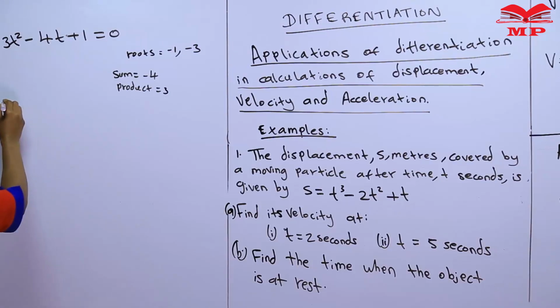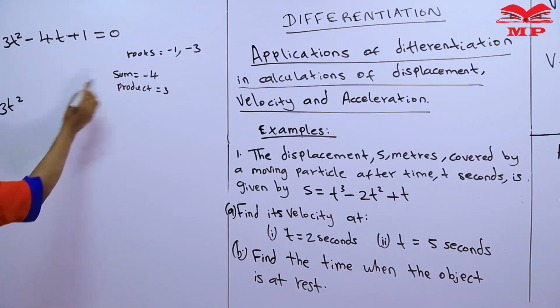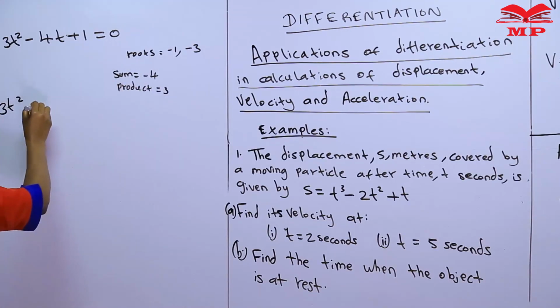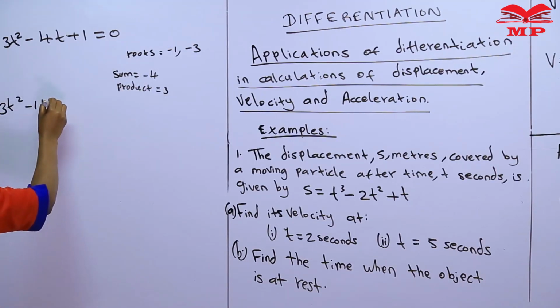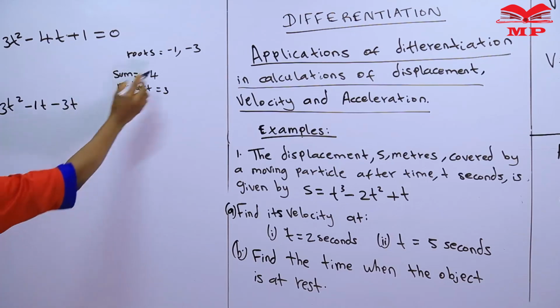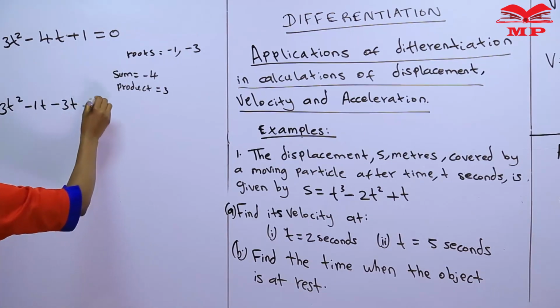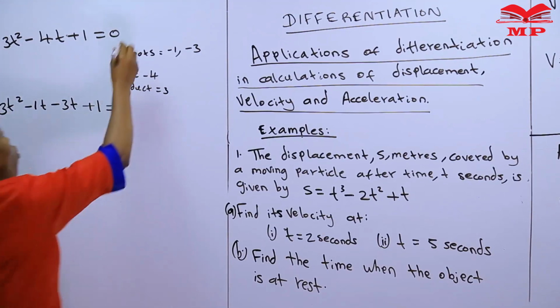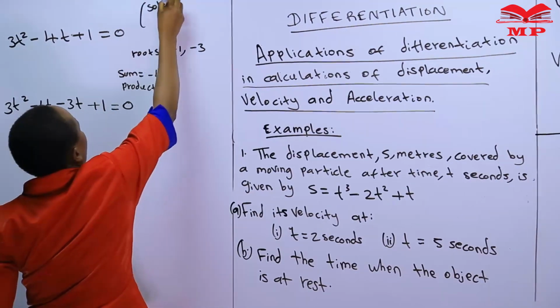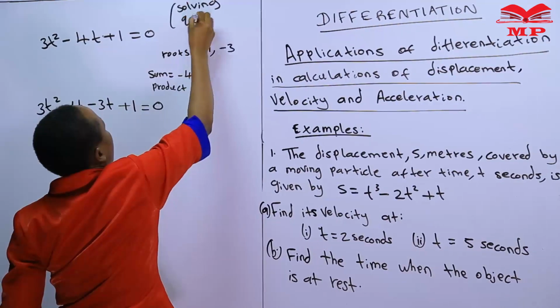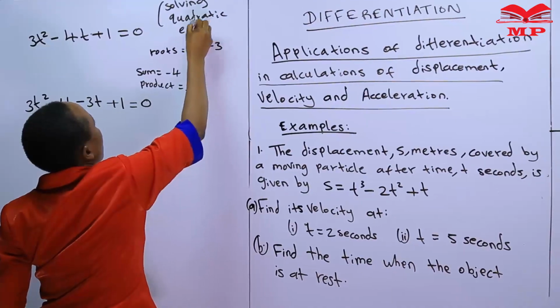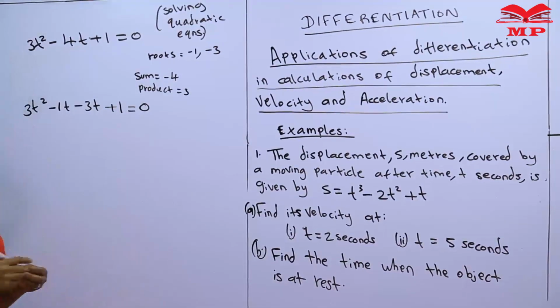So we simply have 3t squared minus 1t minus 3t, then plus 1 is equal to 0. This one requires the knowledge of solving quadratic equations, whereby we have various methods.